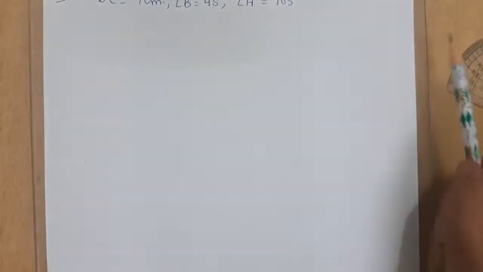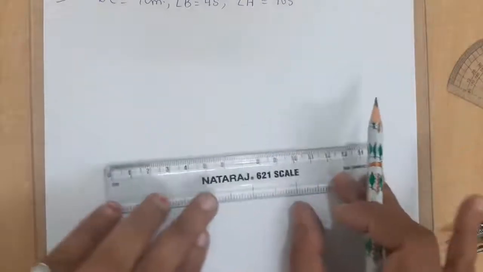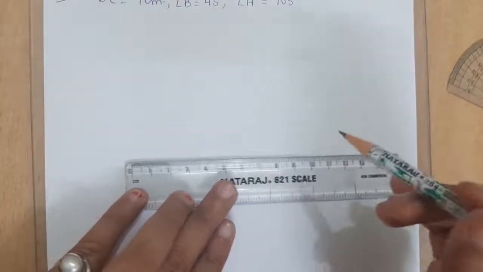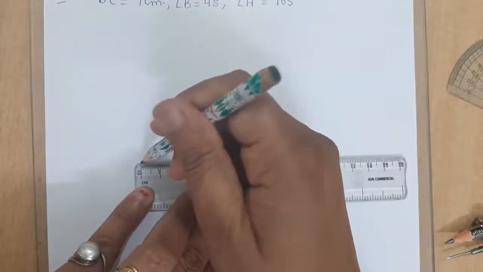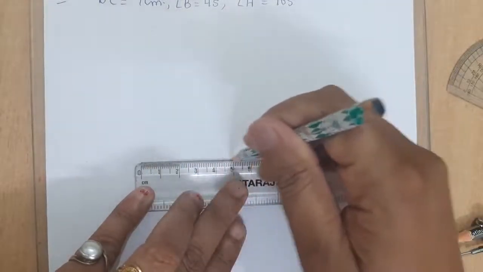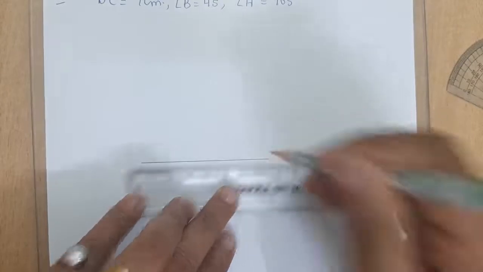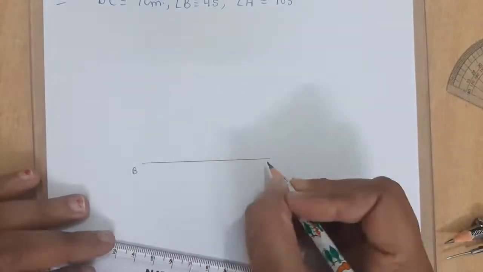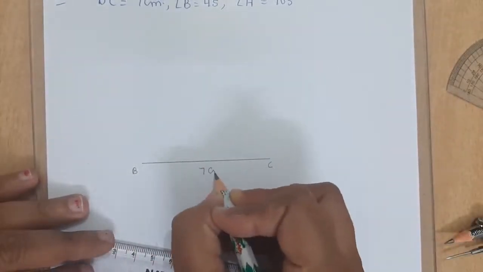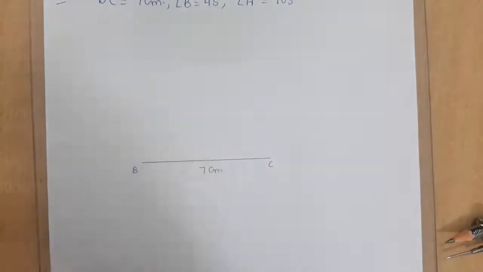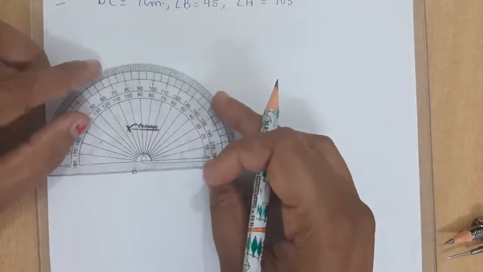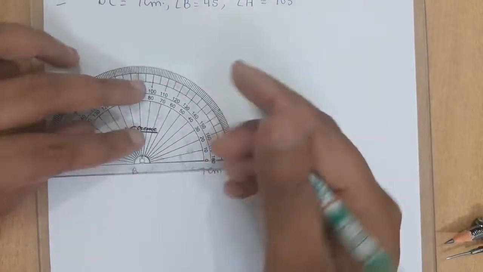First of all, we will draw triangle ABC. We will take a line segment BC of 7 centimeter. Now draw an angle of 45 degree. You can draw this angle using a protractor.